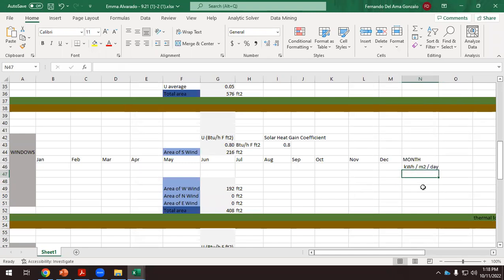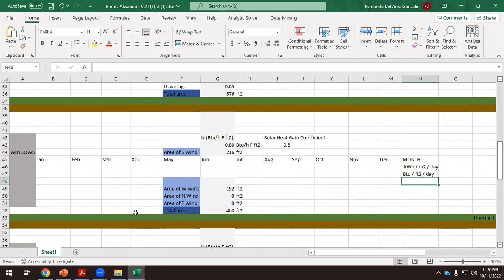Since we're using imperial units, that would be BTU. It's kilowatt hours, so that would be BTU, the energy unit per square feet per day. So we have to turn kilowatt hours per square meter to BTU per square feet.